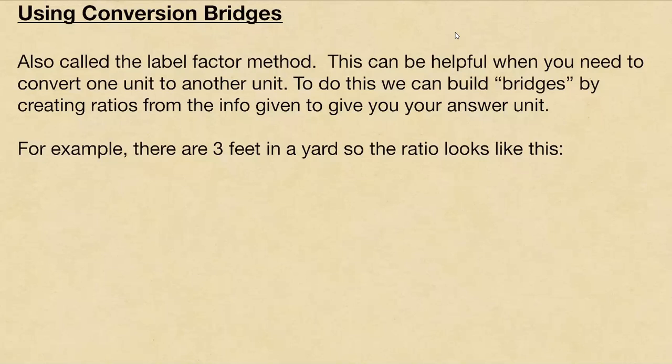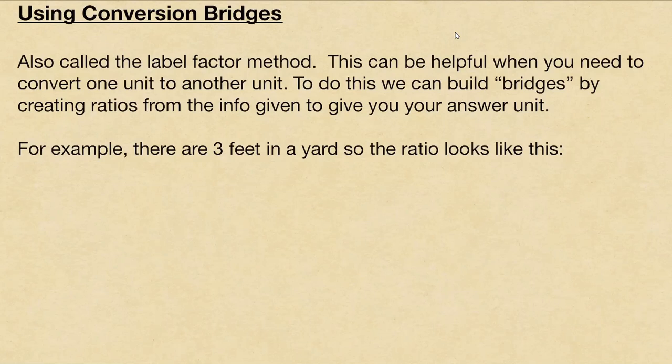Basically, this is used when you need to convert one unit to another unit and you really don't know how to get there. So in this way, you're actually building bridges to get to the final info to give you your answer unit. So for example, you've got 3 feet in a yard, and what you're going to do is build a ratio.